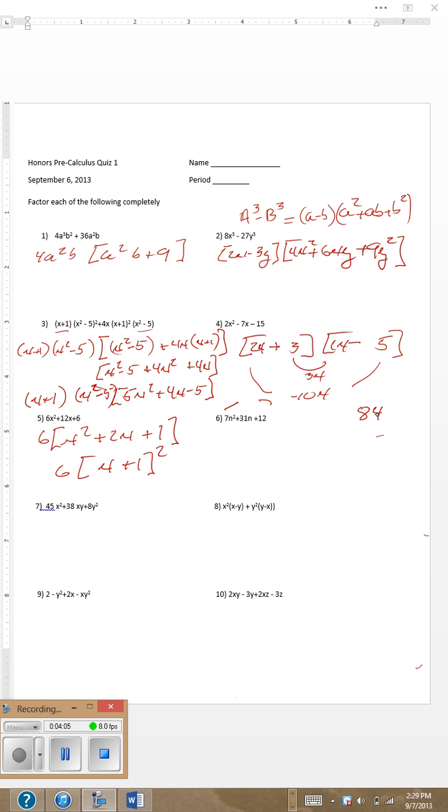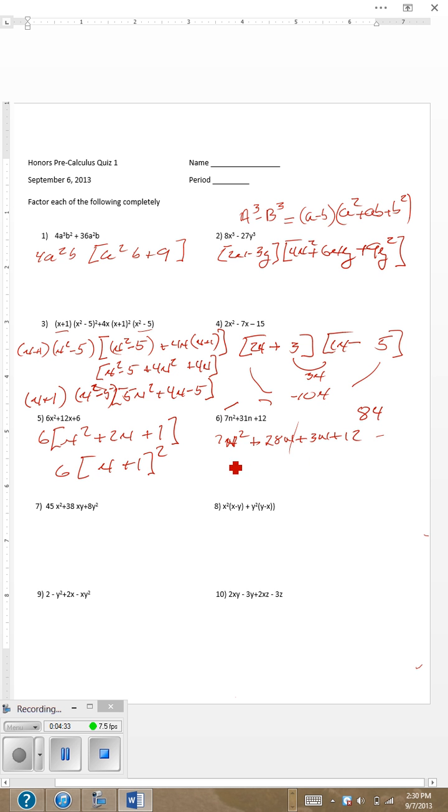Combination of numbers multiplying to 84, adding to 31. It's going to be 28 and 3. So the 7n squared comes down. The 31 is rewritten as 28n plus 3n plus 12.